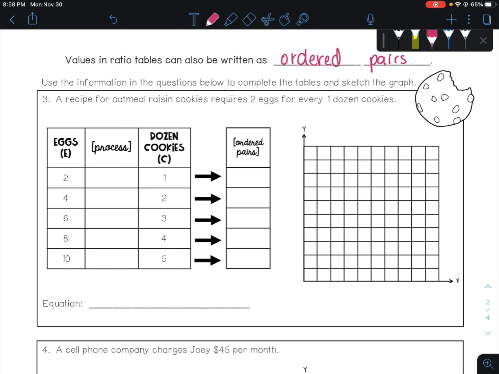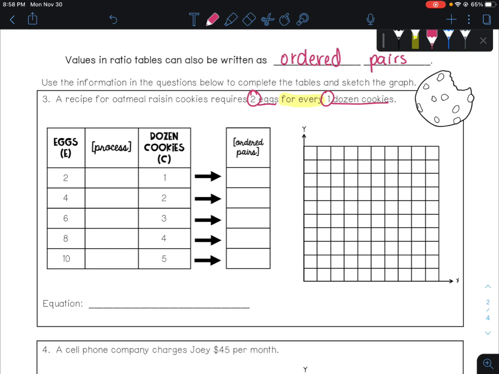So for example, here in number 3, a recipe for oatmeal raisin cookies requires 2 eggs for every 1 dozen cookies. So that sounds like a ratio. It says for every. So 2 eggs, 1 dozen cookies. And we actually have our entire ratio table set up. We just have to write the process.